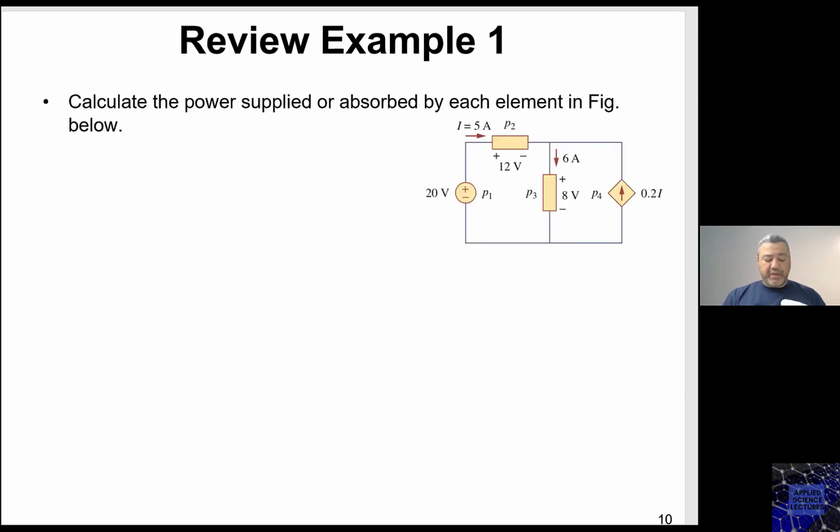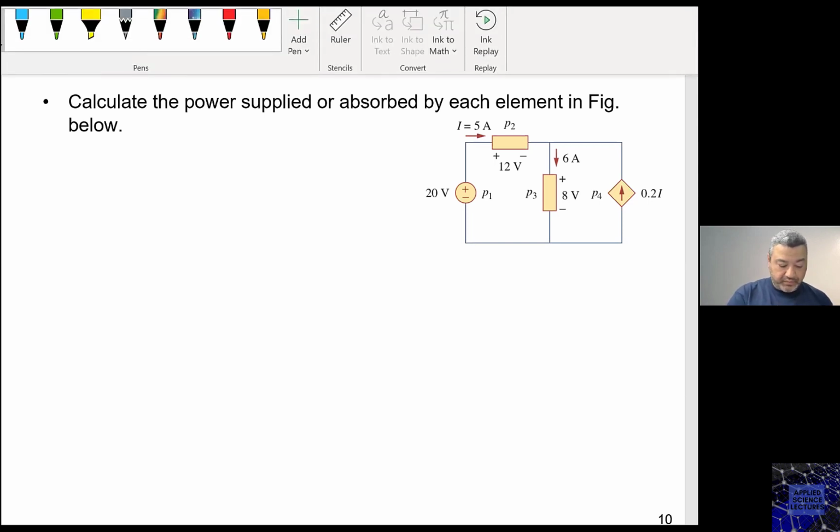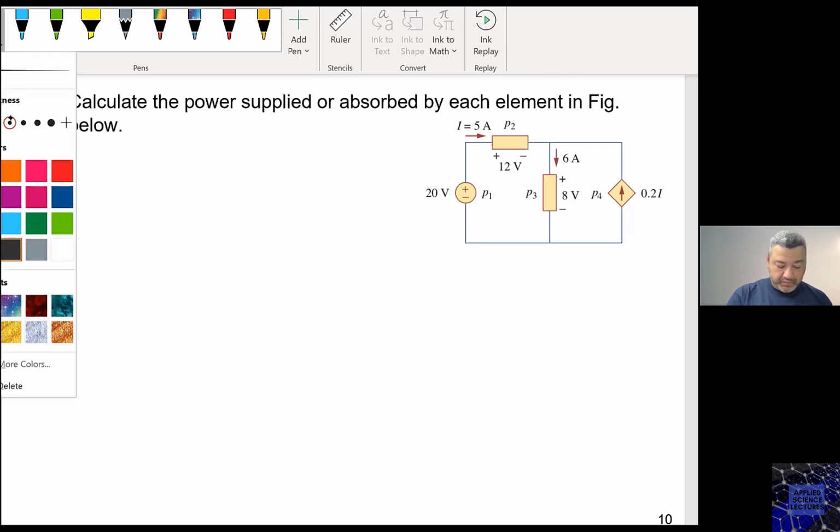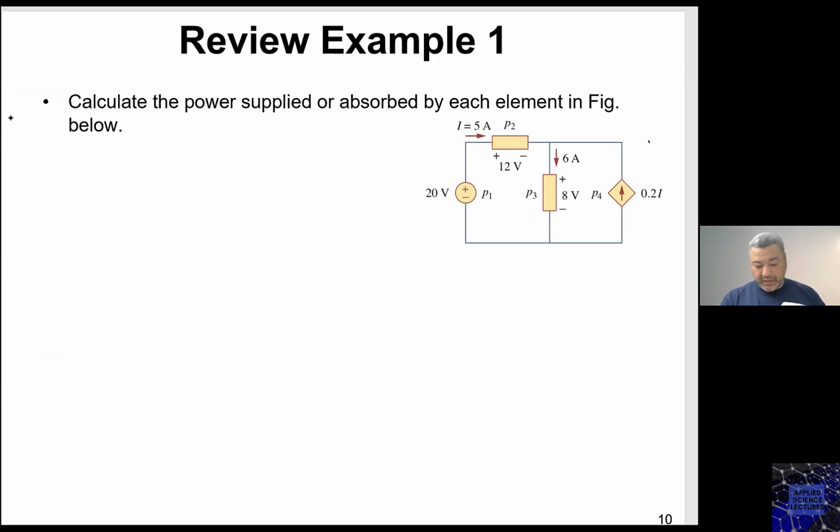Now let's look at the example we introduced in last lecture, but at that time there was no information given about those components. So in this circuit here, we want to calculate the power supplied or absorbed by each element.